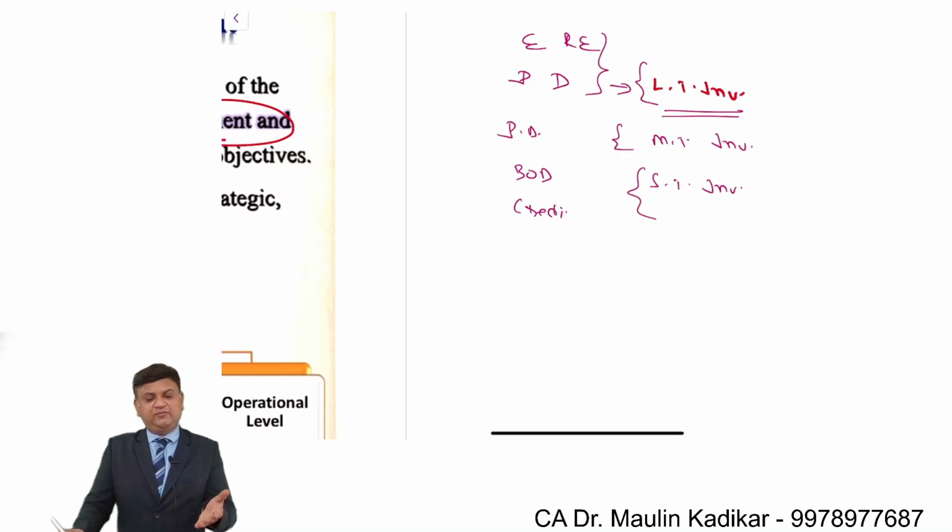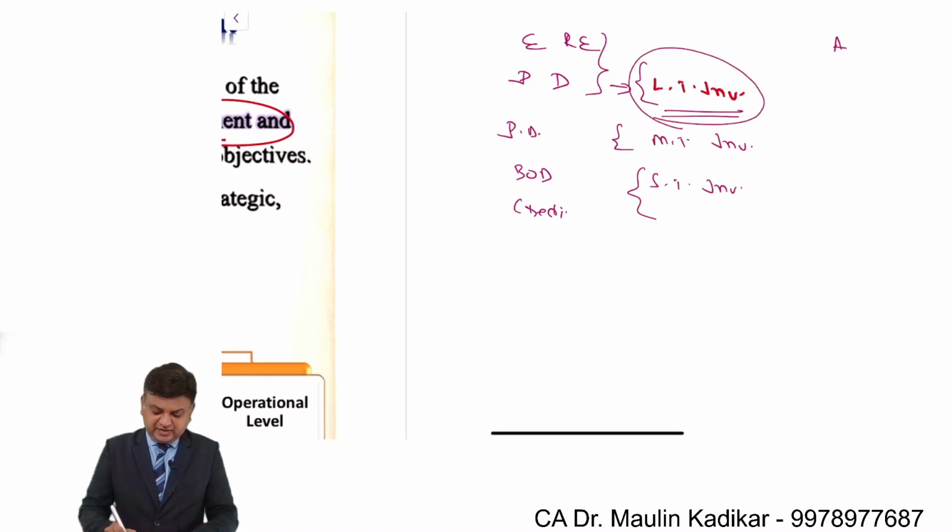Apart from moderate, we have the aggressive financing policy and also the conservative financing policy. In the aggressive financing policy, a certain portion of the long-term investment is financed with short-term funds in order to reduce the cost. In the conservative policy, some of the short-term investment is financed with long-term funds.